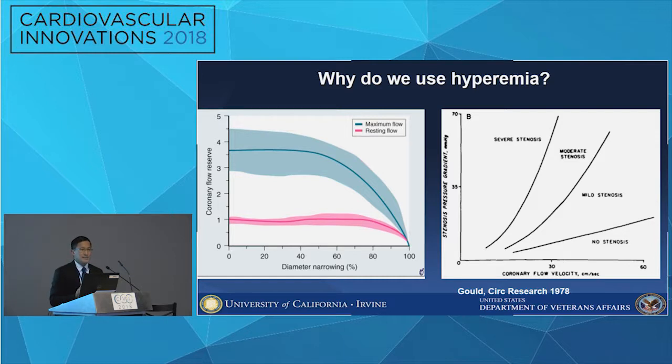And what he found was that at 50% stenosis, you had no change in resting or maximal flow. But resting flow was only reduced when you started getting to a constriction of about 85% diameter stenosis. However, you could demonstrate reductions in maximal flow, so-called coronary flow reserve, and you could demonstrate that for as early as 60% diameter narrowing.